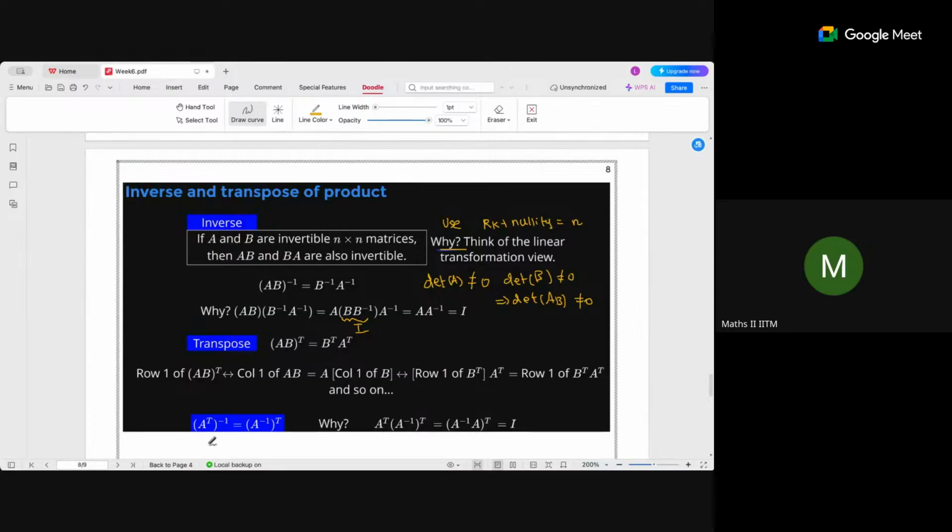When we combine transpose and inverse, (A transpose) whole inverse is (A inverse) whole transpose. How is that so? Multiply A transpose with (A inverse) whole transpose and apply this formula.